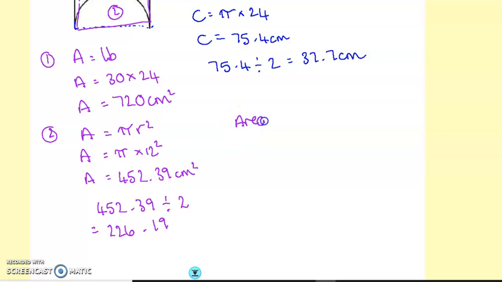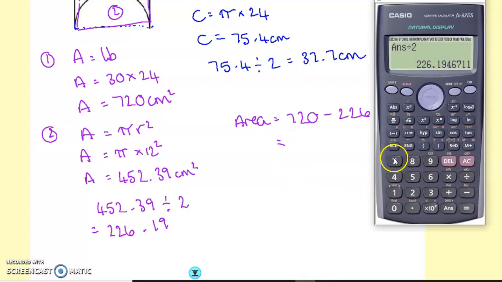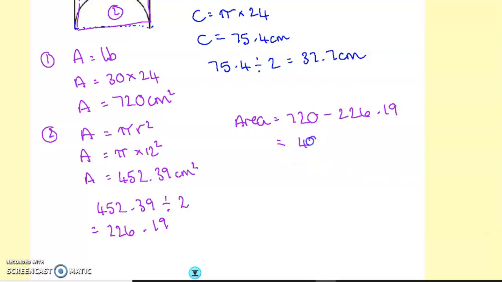So the area of the shape is going to be 720, take away 226.19, which equals 493.81 centimetres squared.